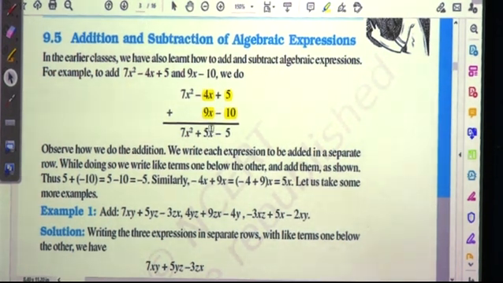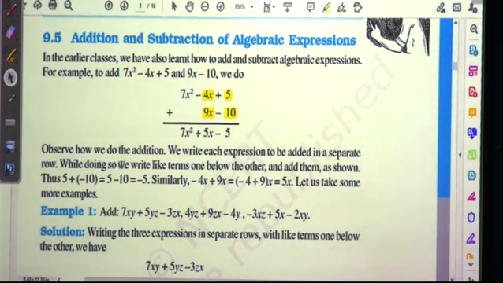We have studied integers, we know very well. Minus 4 plus 9, the answer is plus 5, and the variable stays as it is. Plus 5 minus 10, the answer is minus 5. So, observe how we do the addition. We write each expression to be added in a separate row.